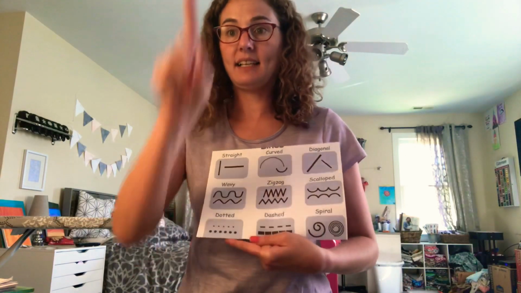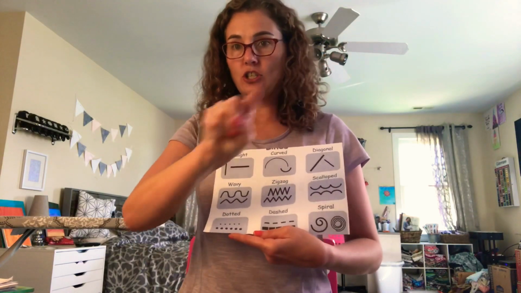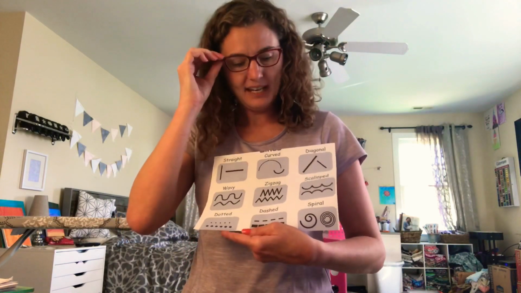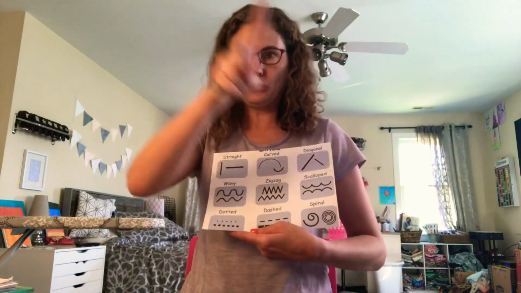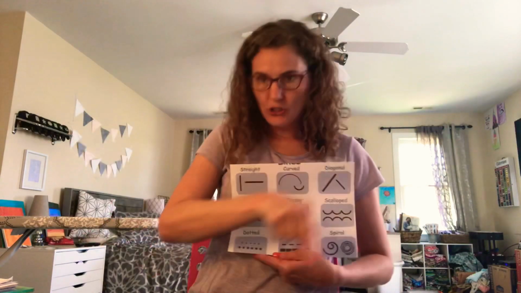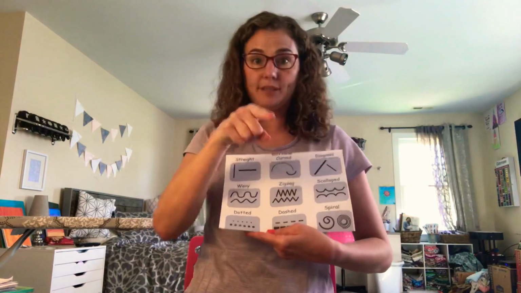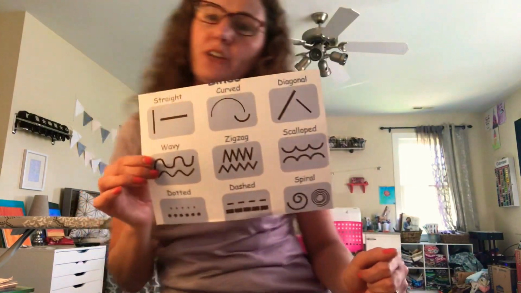Dashed lines. And then spiral lines. Those are the basic types of lines that we talked about earlier on this year.